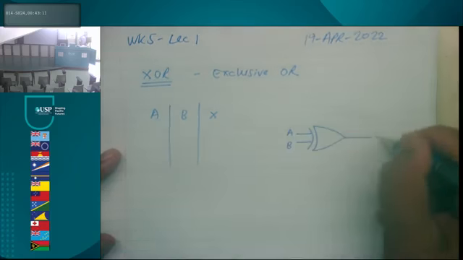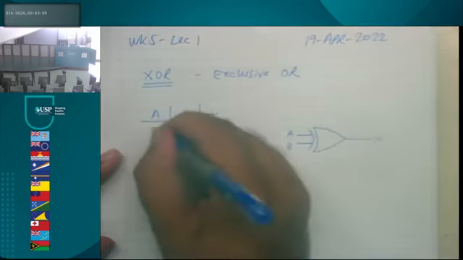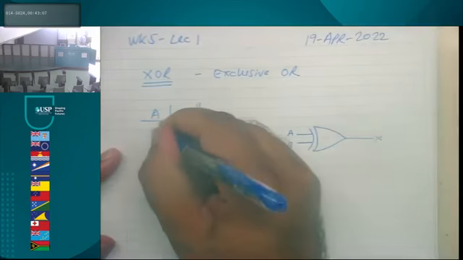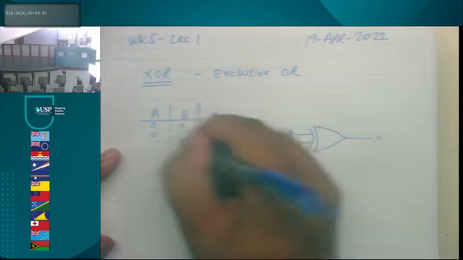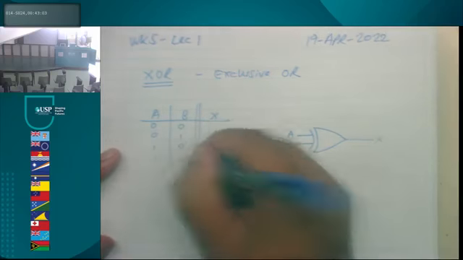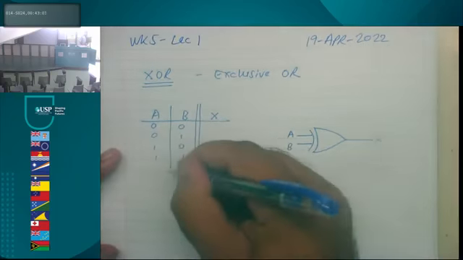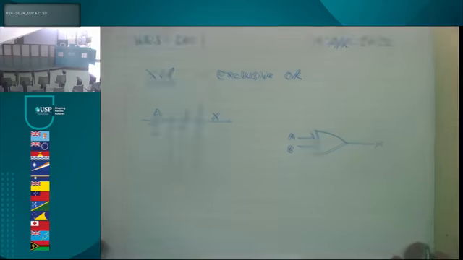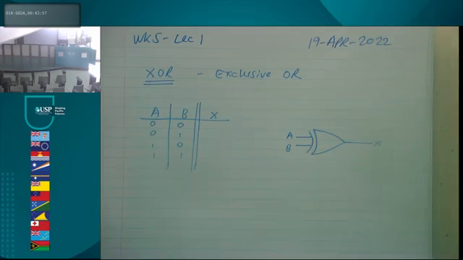A, B: zero, zero, zero, one, one, zero, one, one. Okay. Now, the way to remember exclusive OR, and I think we've already covered this, so this is a revision. One of the funny ways I remember this is, let's say this engineering student is a boy.